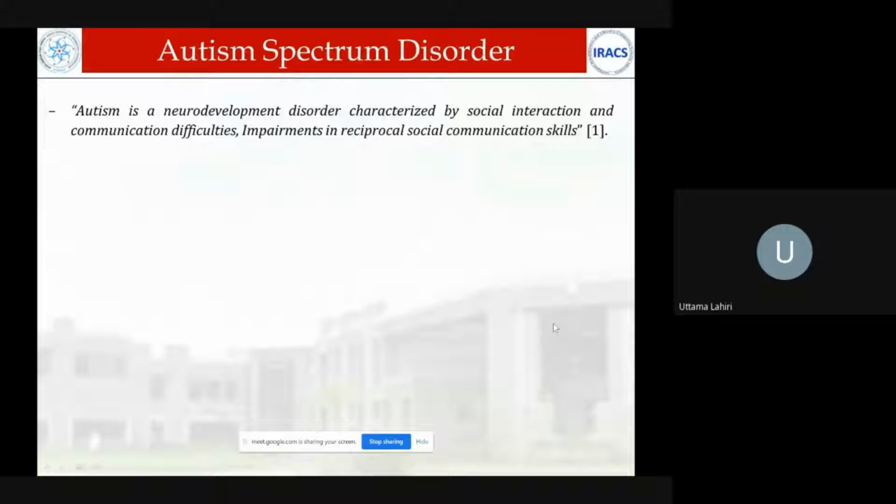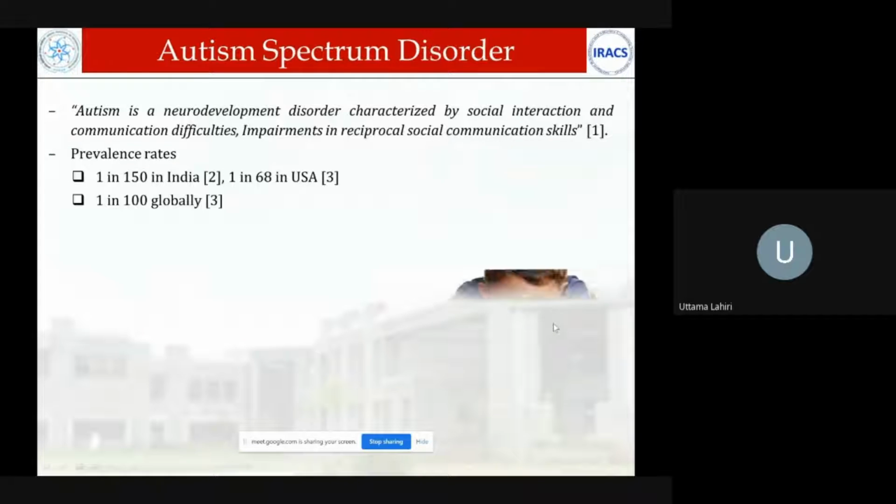It's a neurodevelopmental disorder characterized by difficulties in social interaction, particularly when it comes to reciprocating to social communicators. And this becomes critical given the large prevalence rate. It's nearly 1 in 150 in India and 1 in 68 in the US. And globally, it is nearly 1 in 100 children having autism.